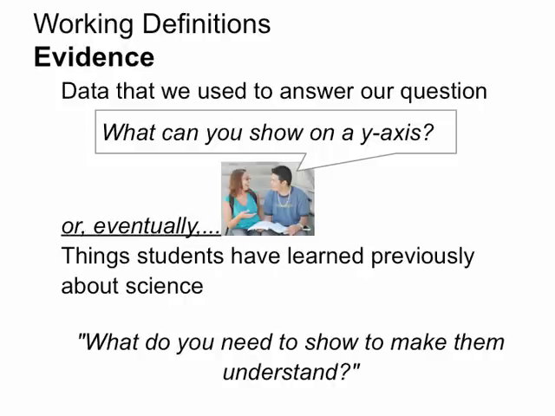Now that we know that, we use it as a piece of evidence to do other things. So things can become evidence as they age. We're going to address this using the central question, what do you need to show them to make them understand? Evidence answers that.